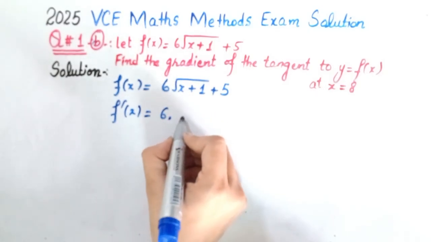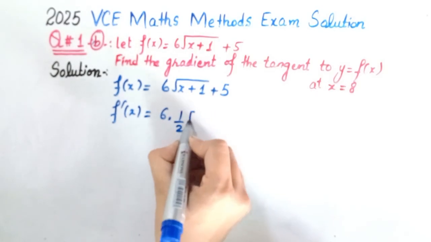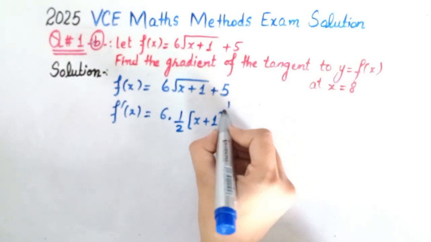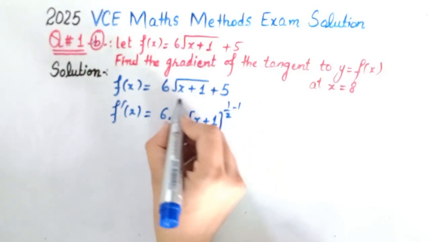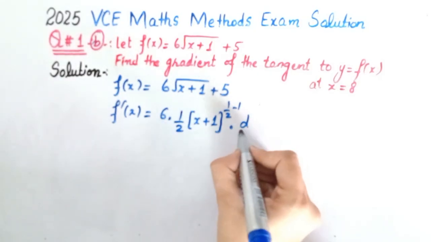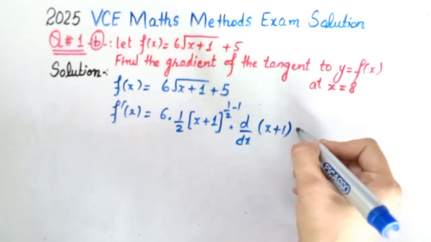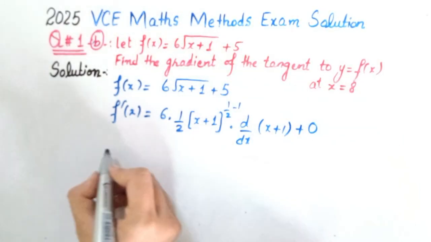Derivative of this: 1 by 2 is in the start, x plus 1, and its power will be 1 by 2 minus 1. Then the derivative d by dx of x plus 1. Then the derivative of plus 5 will be 0.